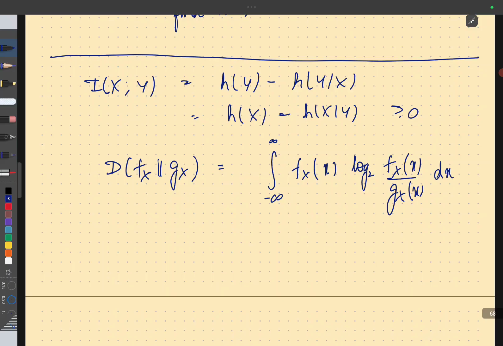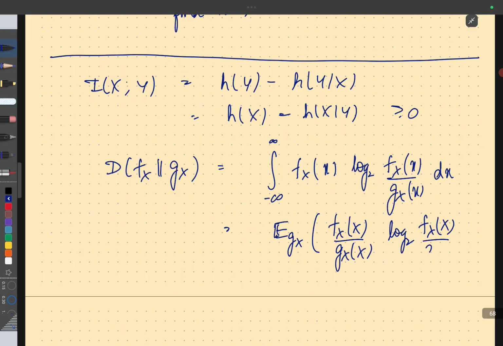Which can also be written as expectation with respect to gx of fx of x by gx of x log fx of x by gx of x.